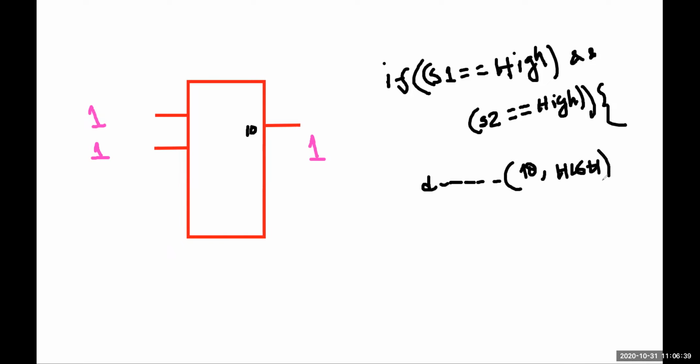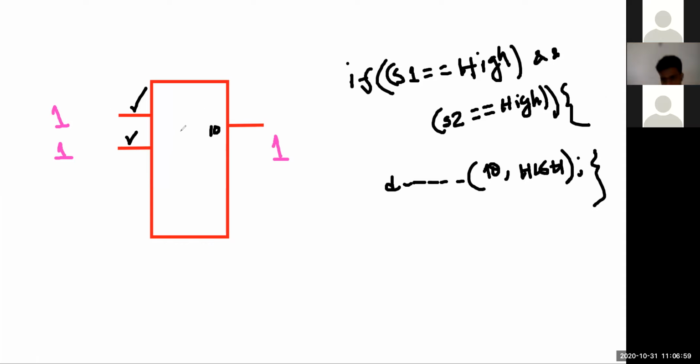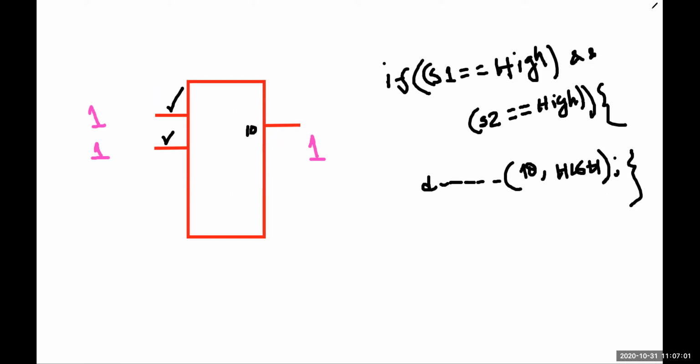Understood? This program will check the status of the input switches, so it needs some time. If the status satisfies this logic, then it will send 5 volts to our output port.